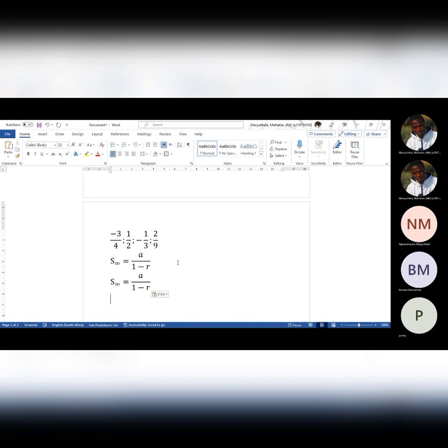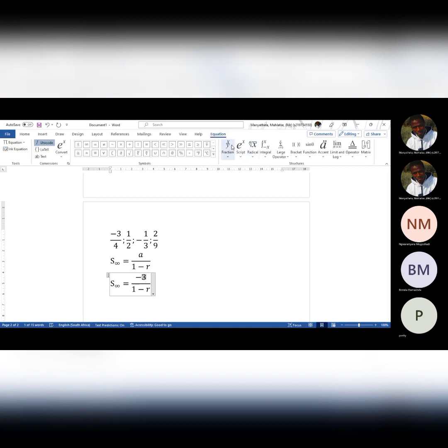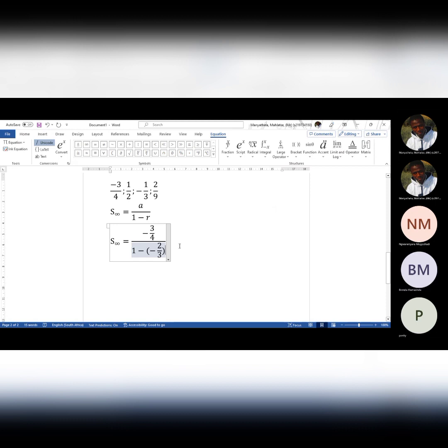Then replacing a and r, our a value is negative 3 over 4, and r is negative 2 over 3.